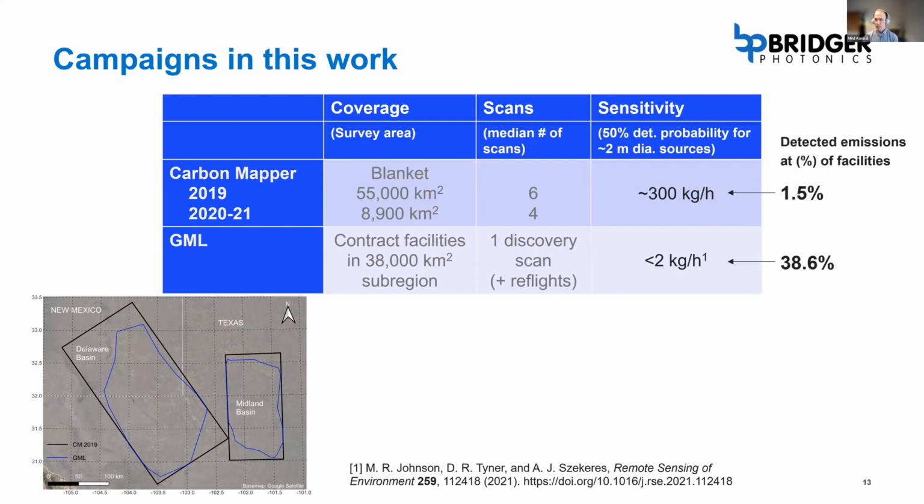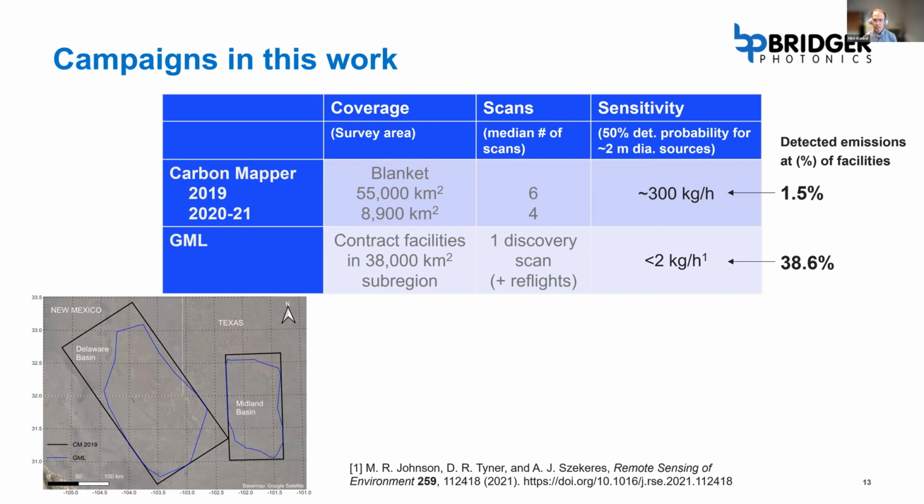In terms of sensitivity, what we can do is compare the 50% detection probability for 2-meter diameter aggregated sources, and we'll talk about what that aggregation means. But basically, we're talking about pieces of equipment that are emitting, or point sources with a 2-meter buffer. For Carbon Mapper, the sensitivity appears to be around 300 kilograms per hour as a result of this study.